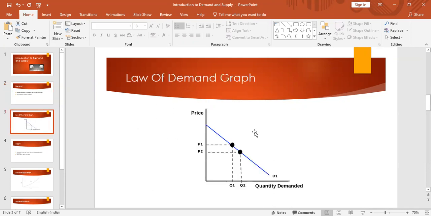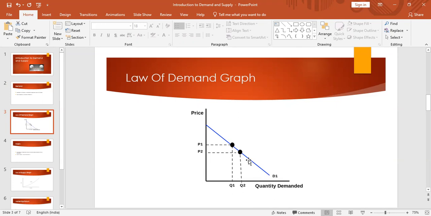Let's see with an example. Suppose we take the example of onion. If the onion is $10 and the price is very high in comparison, in that case, the high price leads to a low quantity demanded.